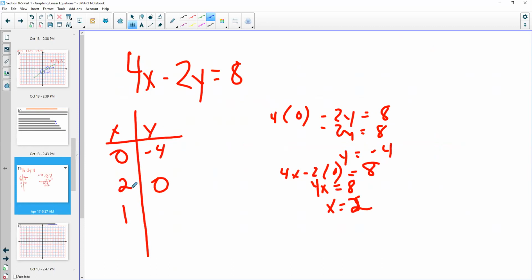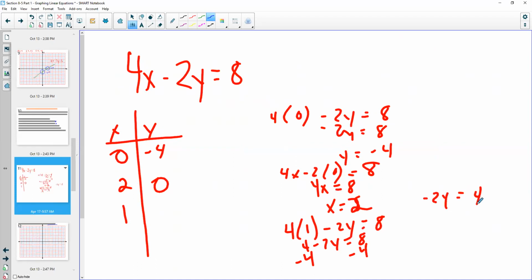All right, and I'm going to put in a 1 for x, so 4 times 1 minus 2y equals 8. 4 minus 2y equals 8. Subtract the 4. So I get negative 2y equals 4, divided by the negative 2. y is negative 2. All right, so there are my points: 0, negative 4; 2, 0; and 1, negative 2.